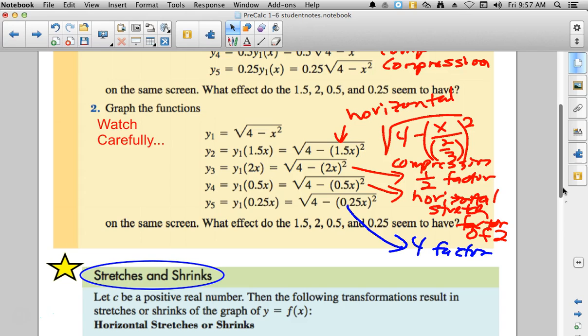So when they say shrink, you say compression. They call them shrinks, and most books go with compression. I'm sure this book went with shrink. That's because the AP exams want to see the fancy language. They want to see compression versus shrink. They don't want you to say shift 3 units up, they want you to say translate 3 units up.